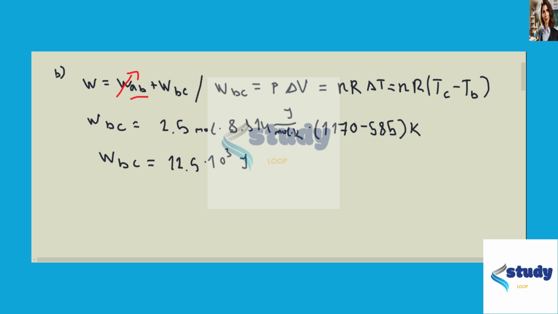So the final result is that W equals WBC, which equals 12.15 kilojoules. This is also going to be 12.15 here. So this is the answer for part B.